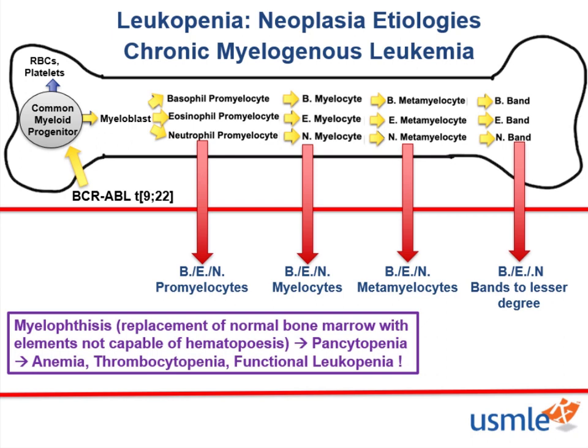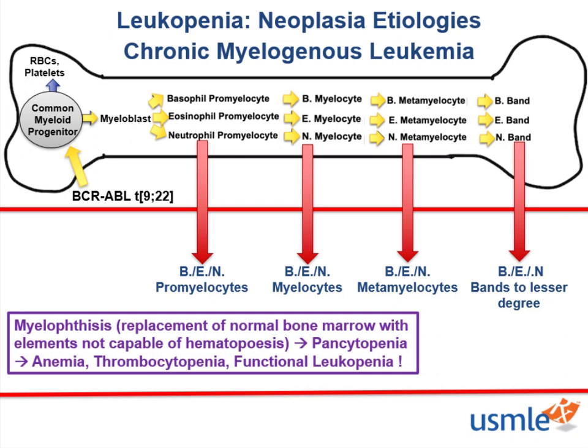This is called a functional leukopenia because the blood is filled with white blood cells. The white blood cell count is very high, but those are cancerous cells not capable of performing normal white blood cell duties.